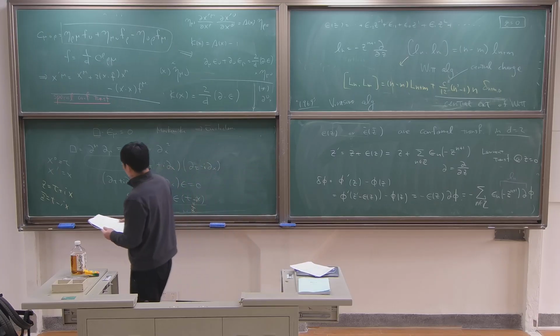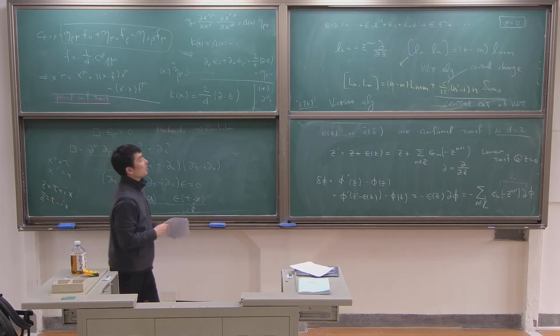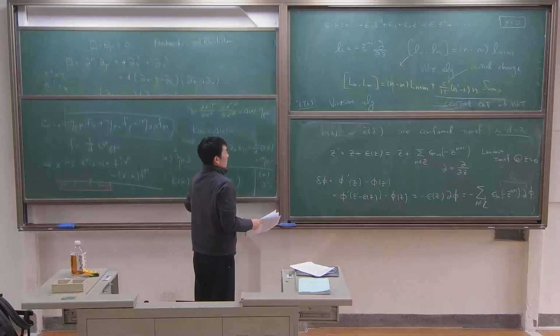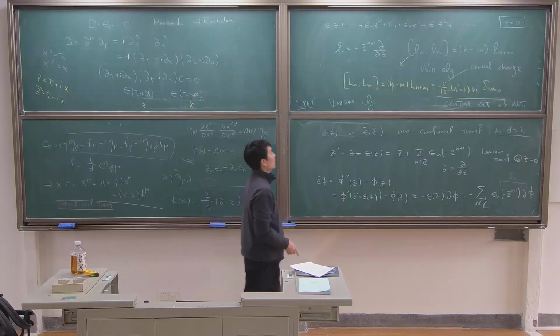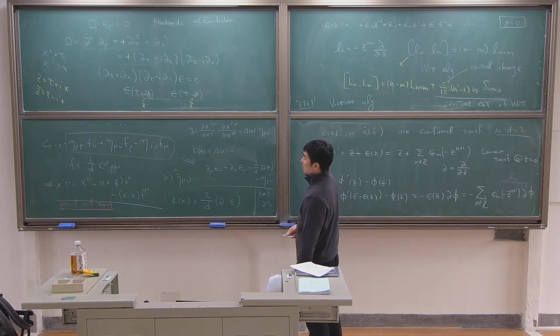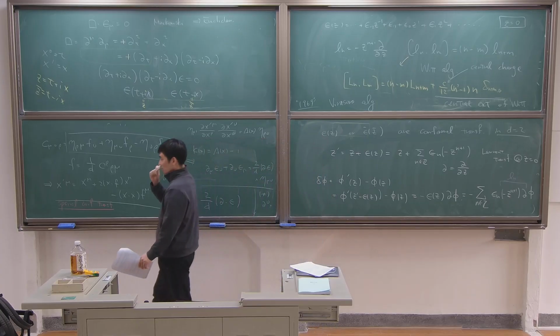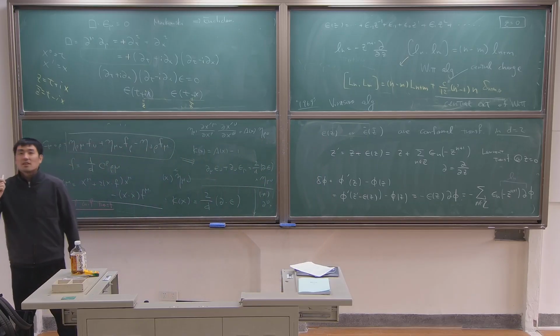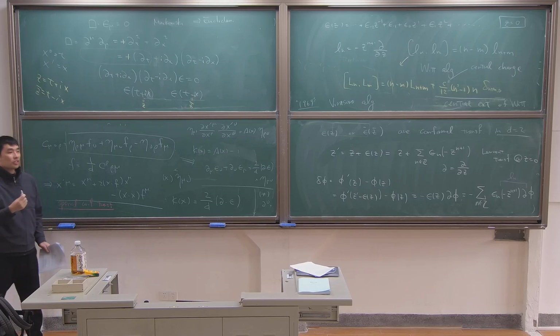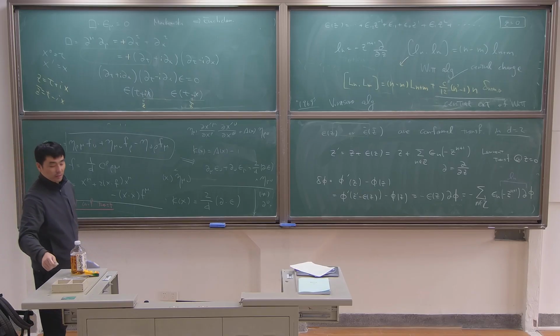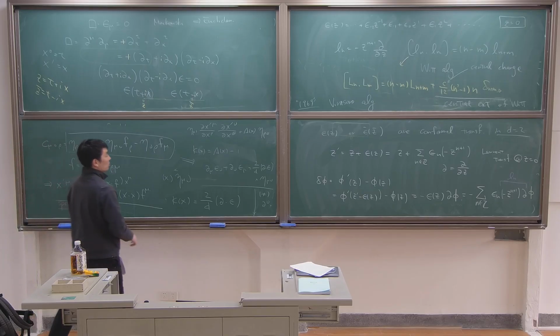Let me move on a little bit. The question is, previously we know the translation, rotation, dilatation, and special conformal transformation will give you the conformal transformation when d is greater than 2.